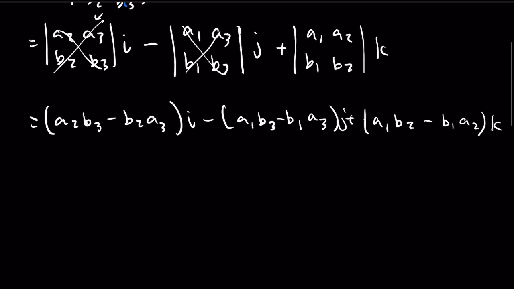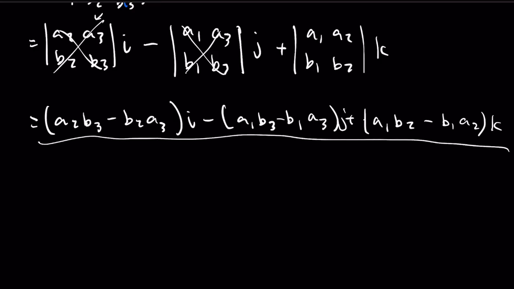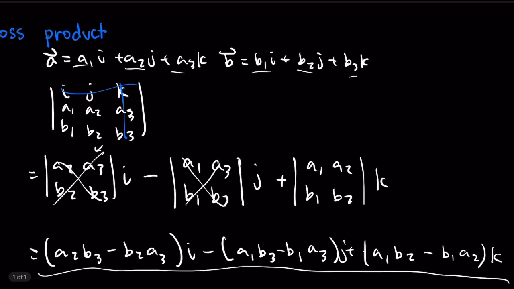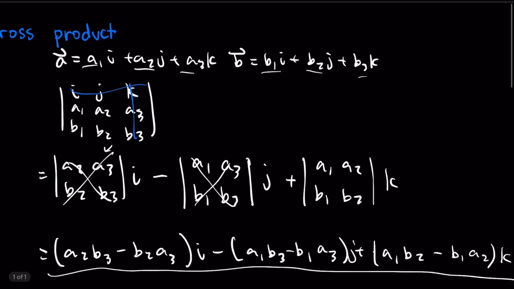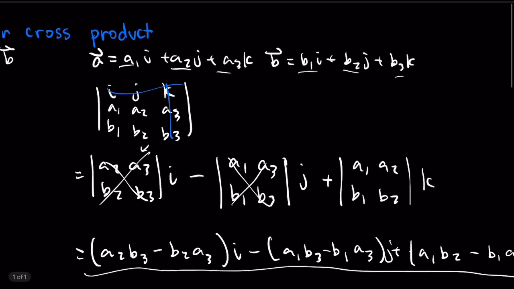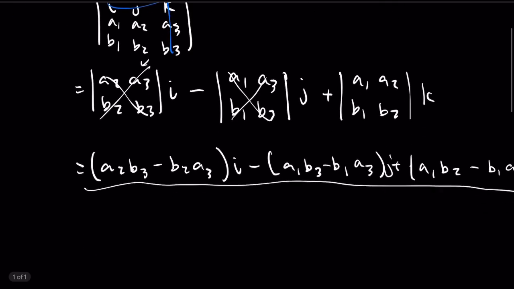And now with this right here, if we have vector A and B defined with actual numbers, you'll be able to find it. So let's say that vector A is 1i plus 2j plus 3k. Vector B is 3i plus 2j plus 1k.